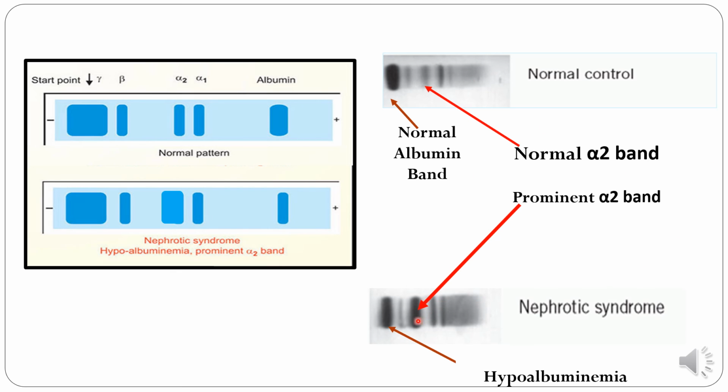And this is quite darkly stained, which means it is increased in concentration. So the hallmark of the nephrotic syndrome gel electrophoresis pattern is that the alpha 2 band will be prominent and the albumin band will be faint in staining.